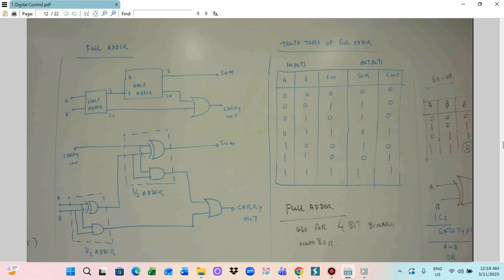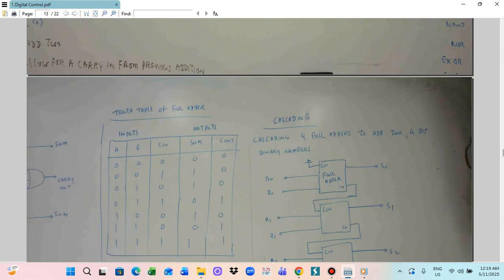This is another half adder. This one is coming out as a sum. Another also that we can construct is the XOR and AND gate combination.